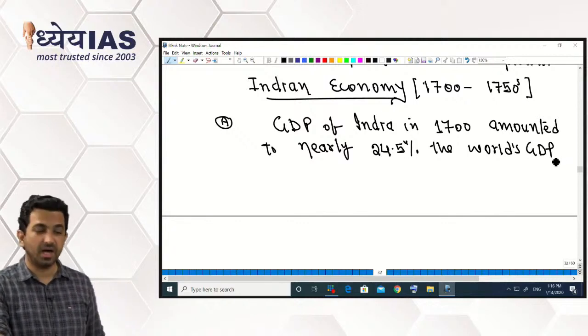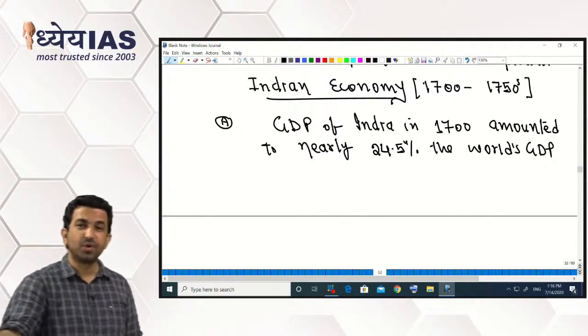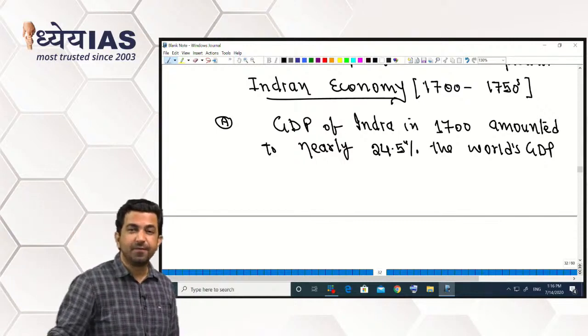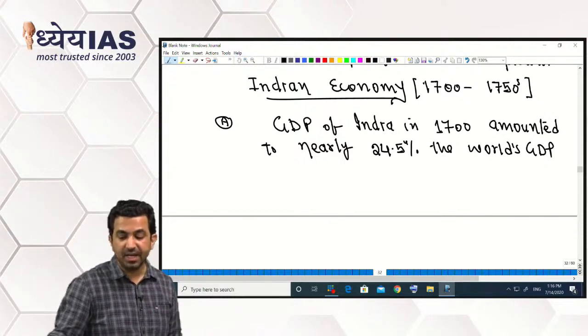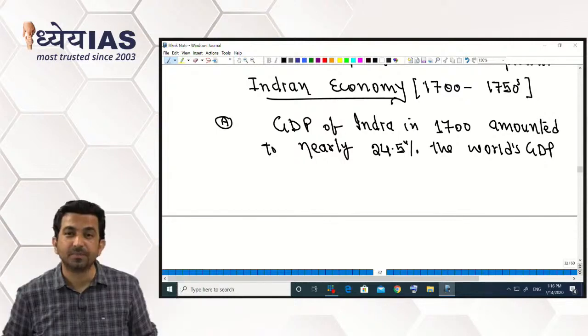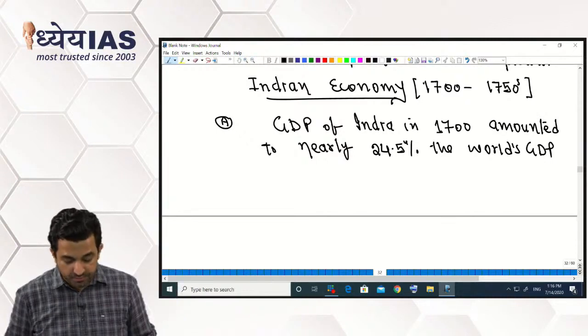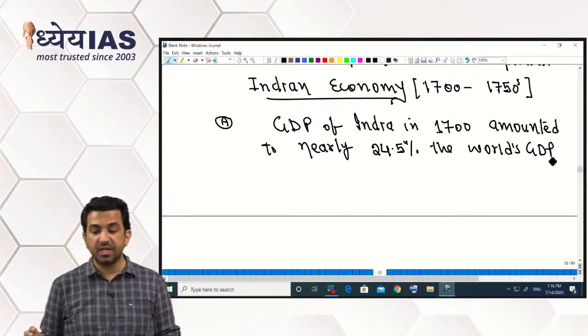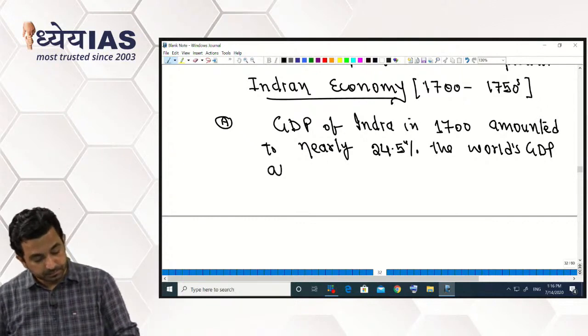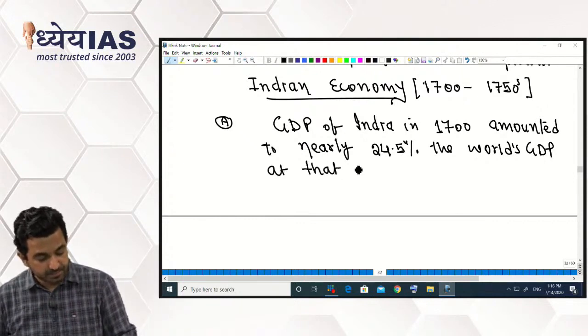Unbelievable, enormously high. Gross domestic production of India in the first half of the 18th century amounted to 24.5% of the world's GDP at that time.